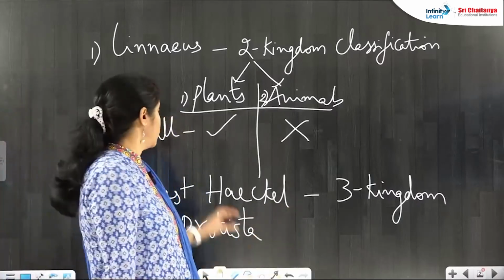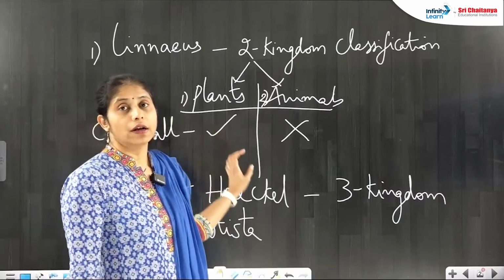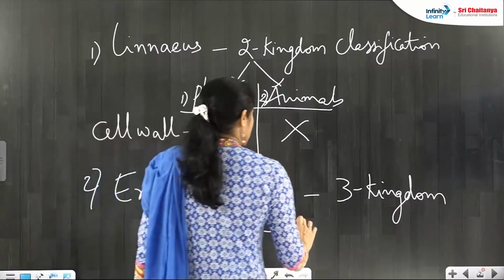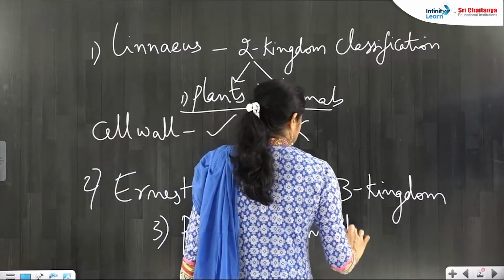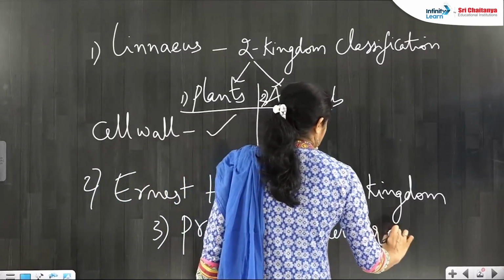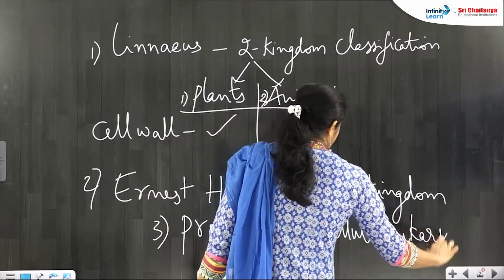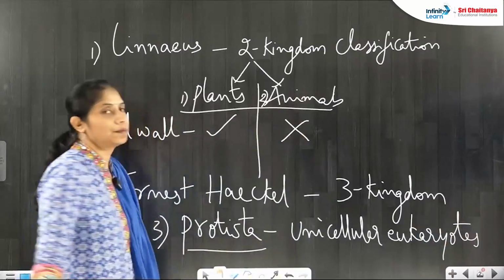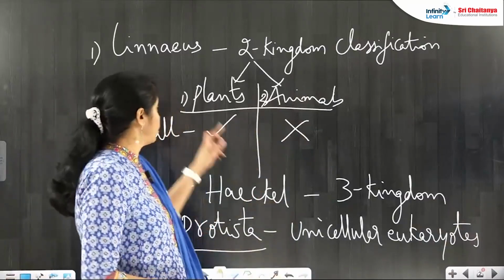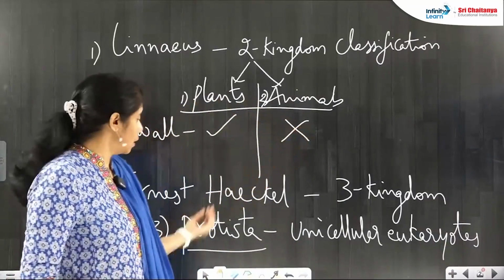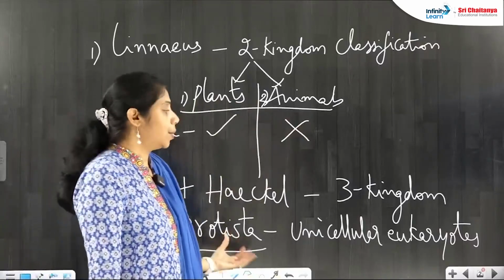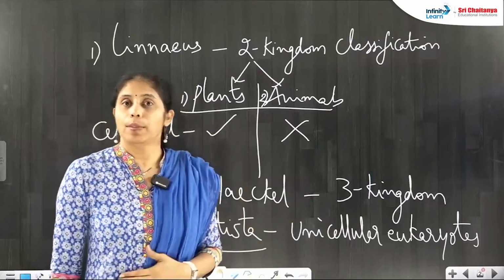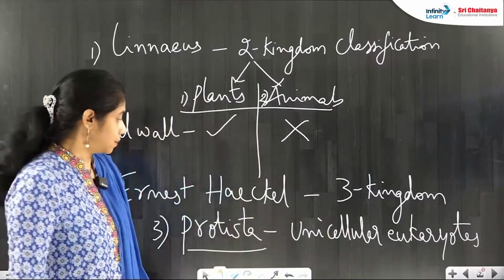He separated all the unicellular eukaryotes from the plants and created a separate kingdom called Protista. Plants and animals were there already. The third kingdom added by Ernest Haeckel was Protista, which includes all the unicellular eukaryotes separated from the plants.